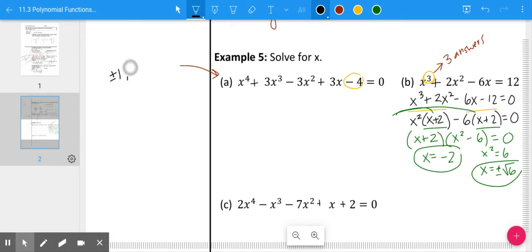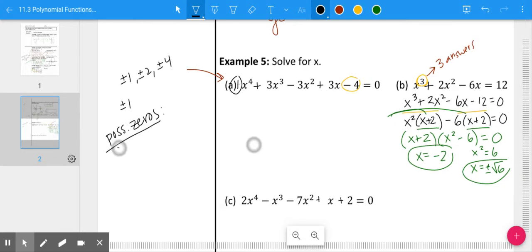So that's 1, 2, and 4, divided by factors of your first number. Your first number in front is just a 1. Thank goodness. So my possible rational zeros for this problem are going to be positive and negative 1, positive and negative 2, positive and negative 4.